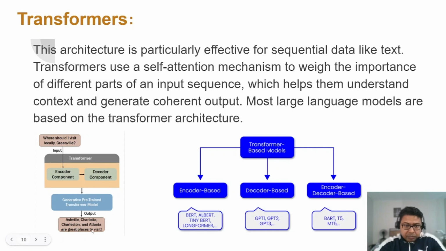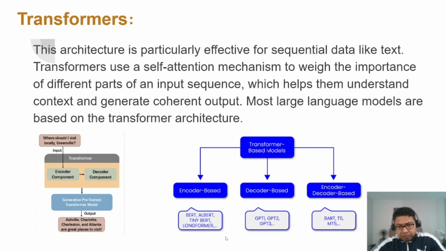So all the names it figured out are local to Greenville. It's checking whatever the local locations are for Greenville, and it's just predicting based on the inputs which it's got. So this is how transformers work.